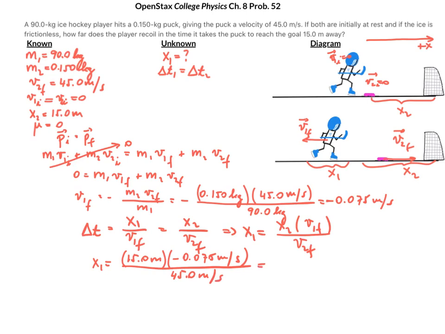So x1 turns out to be negative 0.025 meters, or 2.5 centimeters. So while the puck traveled 15 meters, the hockey player only traveled 2.5 centimeters in the opposite direction. So here's the negative sign for that.